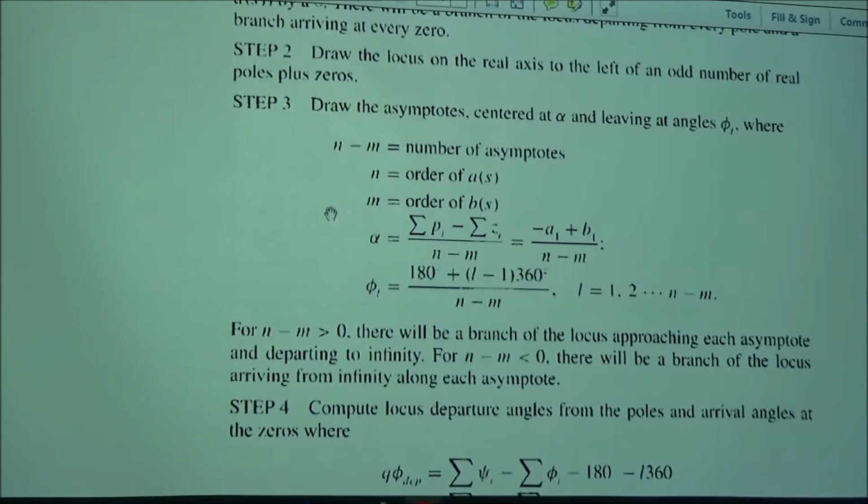The rest of them go to infinity, at an asymptotic angle obtained by this formula, and the intercept of the asymptotes hits the negative real axis at this value: minus the sum of the pole locations, minus the sum of the zeros.